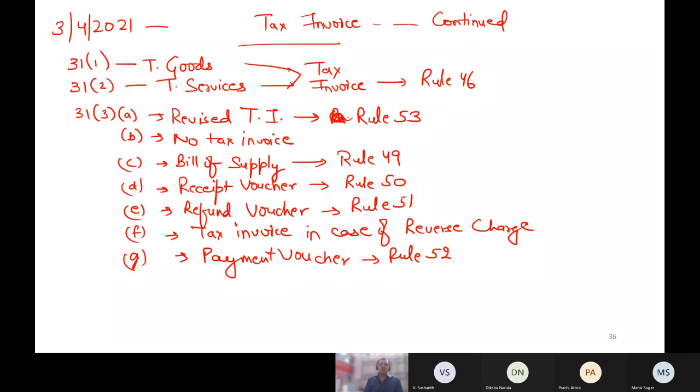And now let me start with a new topic. Note the topic next provision of tax invoice 31.4. It talks about the last date of issuing tax invoice in case of continuous supply of goods.